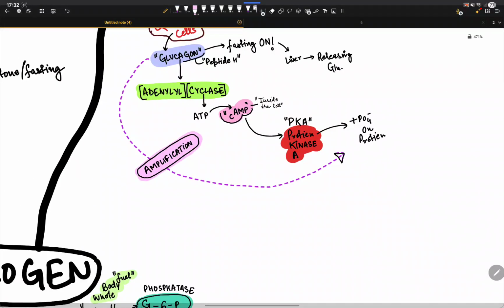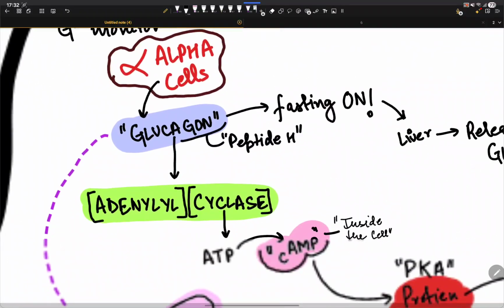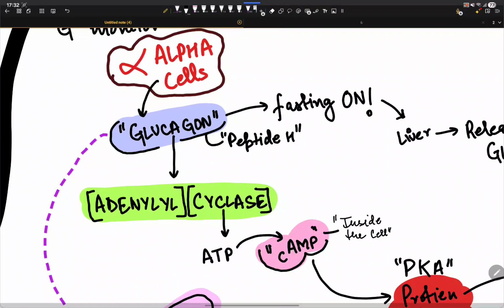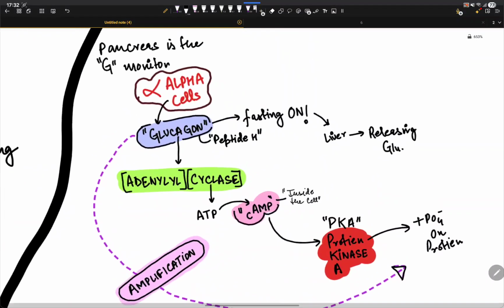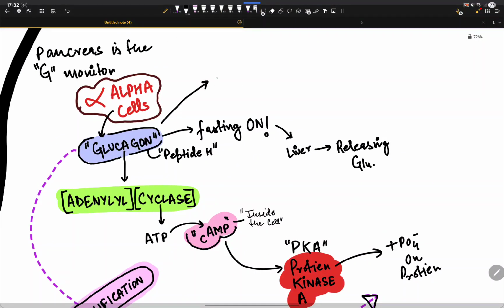It just gives the signal like, hey, do that. Now you want big quantities of things to happen, right? You don't want one signal to produce one product.